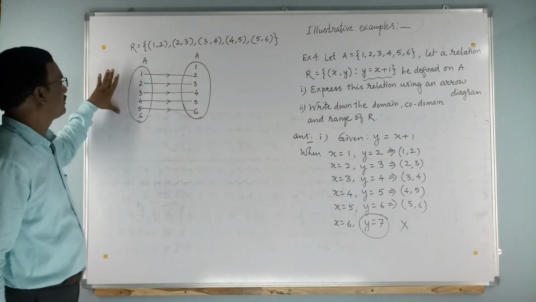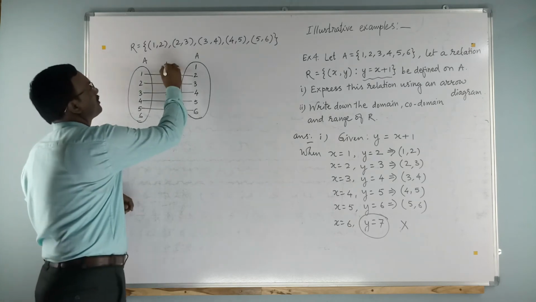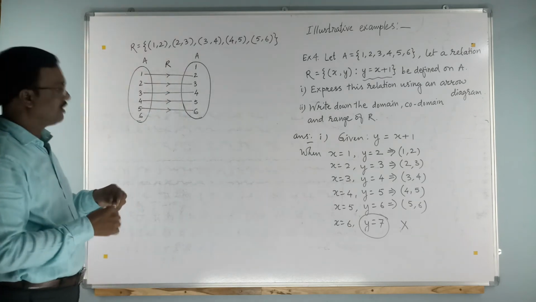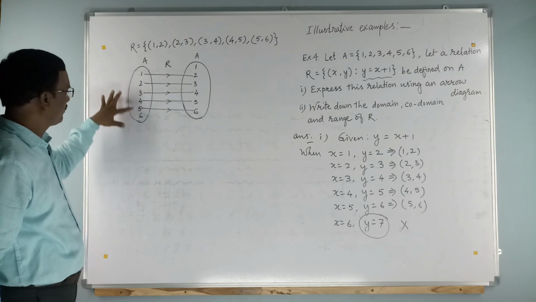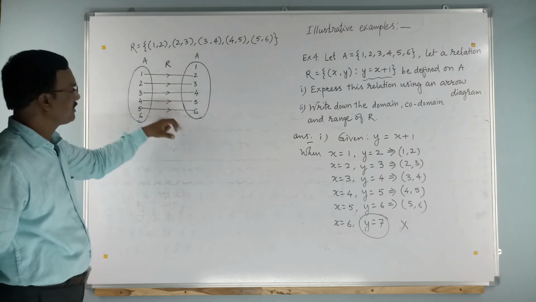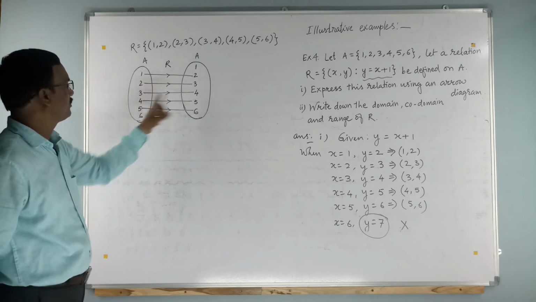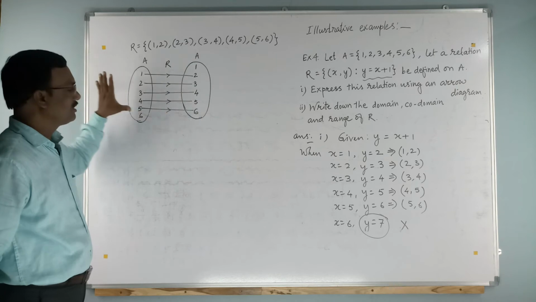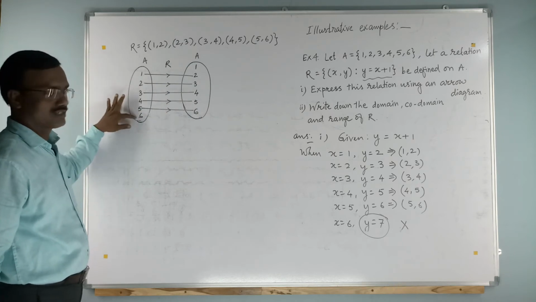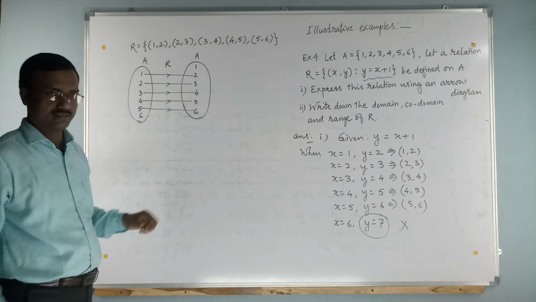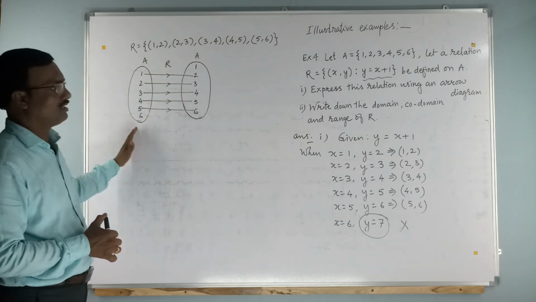And for the pictorial diagram of the same relation, I write R in between, R is from A to A. So A having 1, 2, 3, 4, 5, 6, and A having 1, 2, 3, 4, 5, 6, but the relations are like 1 to 2, 2 to 3, 3 to 4, 4 to 5 and 5 to 6. In the first set, 6 is not related and here 1 is not related. Okay, so this is the answer of the first question. This is the relation R.